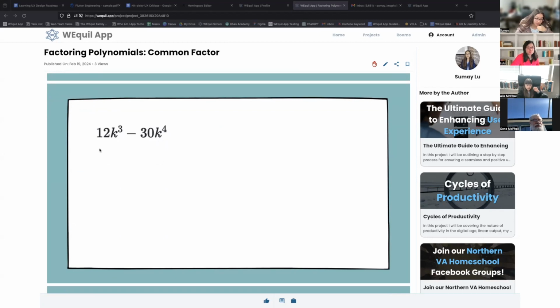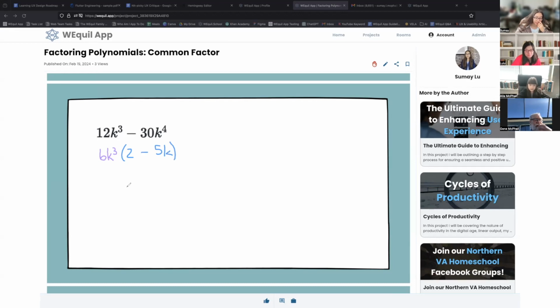And so the greatest common factor here is going to be 6k cubed multiplied by 2 minus 5k.